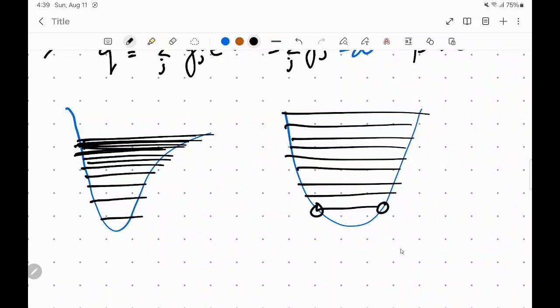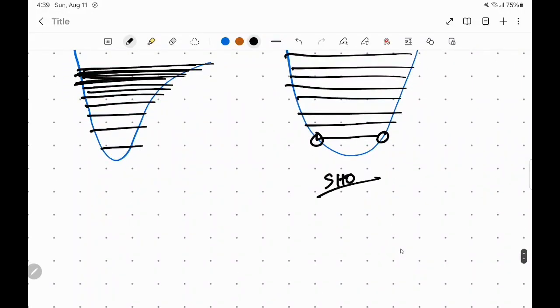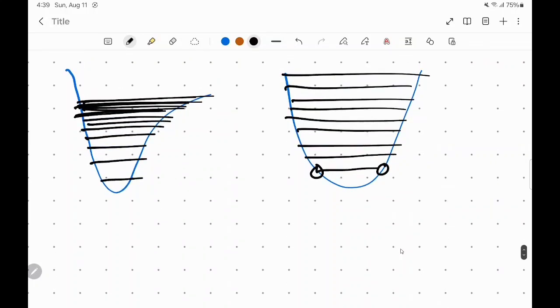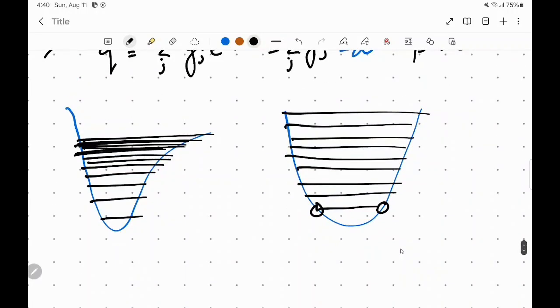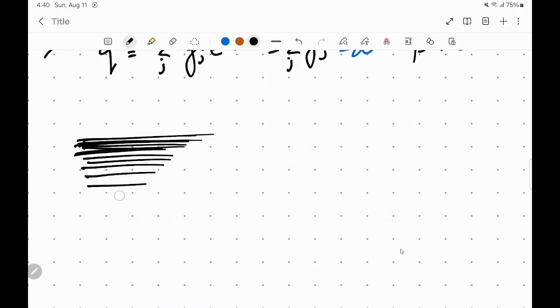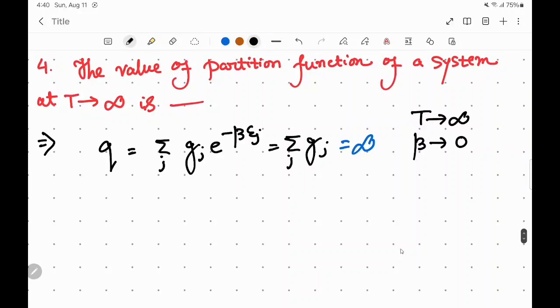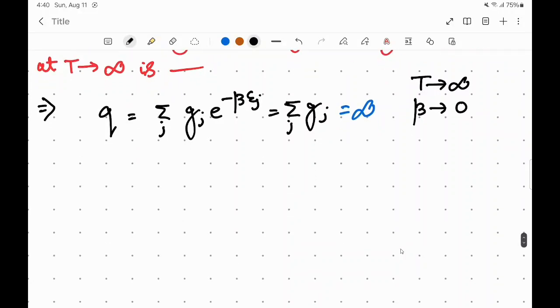So if you consider the simple harmonic oscillator model, the bond will never break. But the actual picture is the anharmonic oscillator. So this is the bond dissociation energy. If you give this amount of energy, the bond will break. In practice, this does not go up to infinity, but we are considering our ideal cases, the simple harmonic oscillator or rotational energy. In all cases, this essentially goes up to infinity. So that's why the answer is infinite.